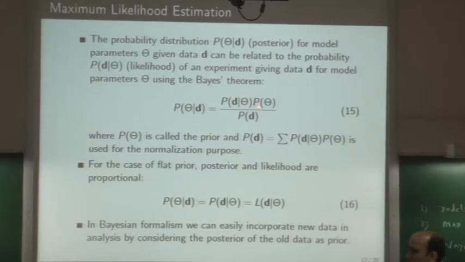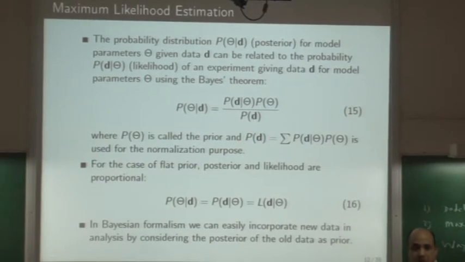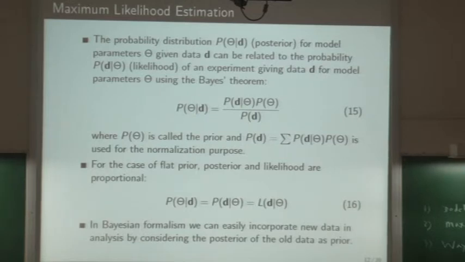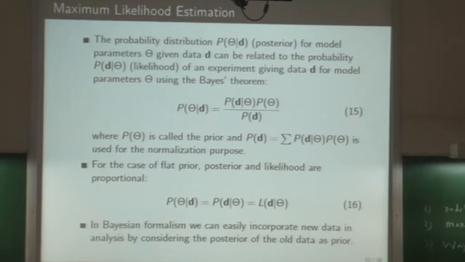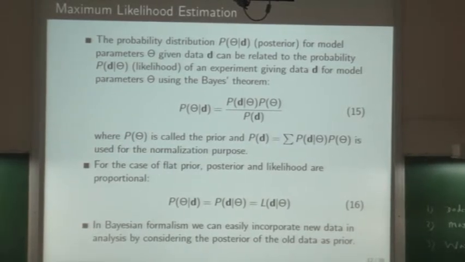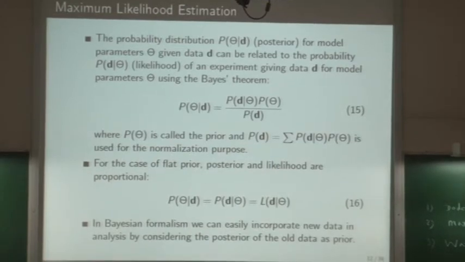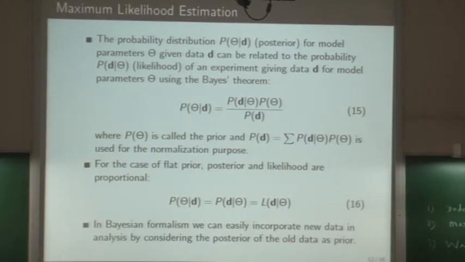This part is what is called the prior: what we already know about the parameters. For example, we already know that the cosmological constant should be between, say, 0.5 and 0.7. So this will be our prior.